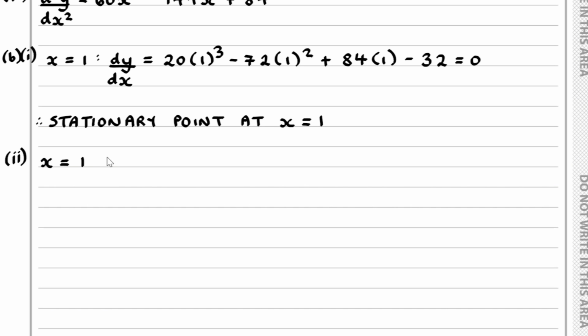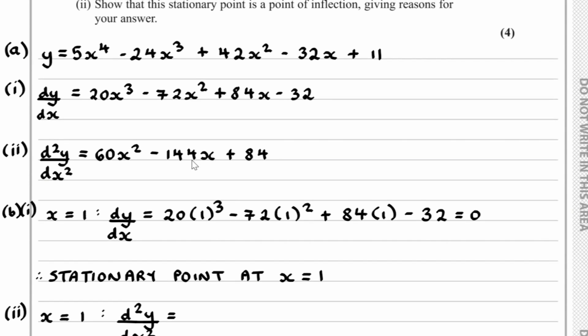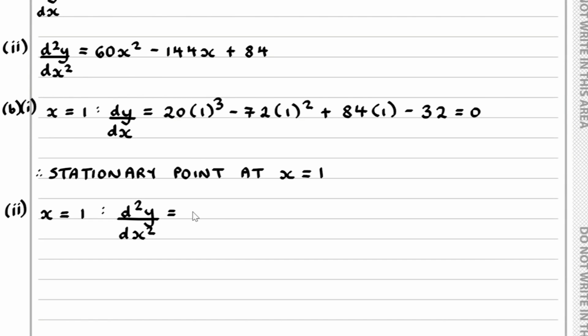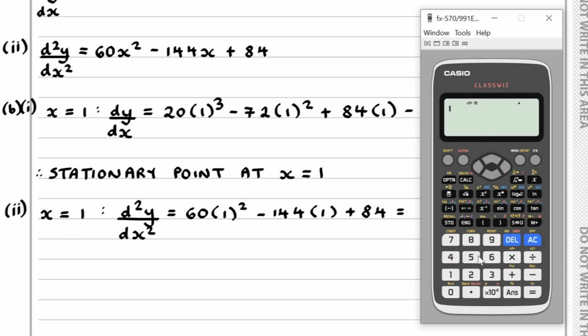When x is equal to 1, d squared y over dx squared, we have 60 lots of 1 squared minus 144 lots of 1 plus 84. If we work all of this out, we've got 60 lots of 1 squared minus 144 lots of 1 plus 84. Turns out we get 0.